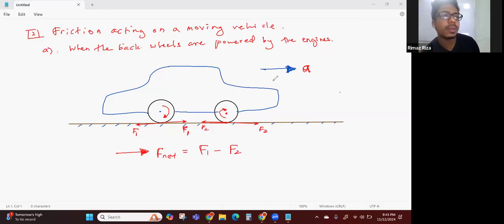Okay. Please write this down. So here these two forces are acting on the ground. Okay.